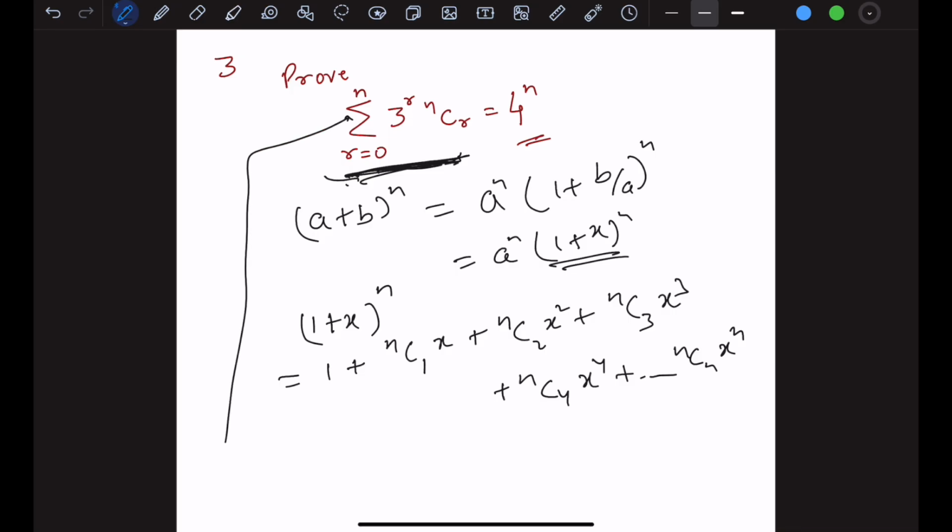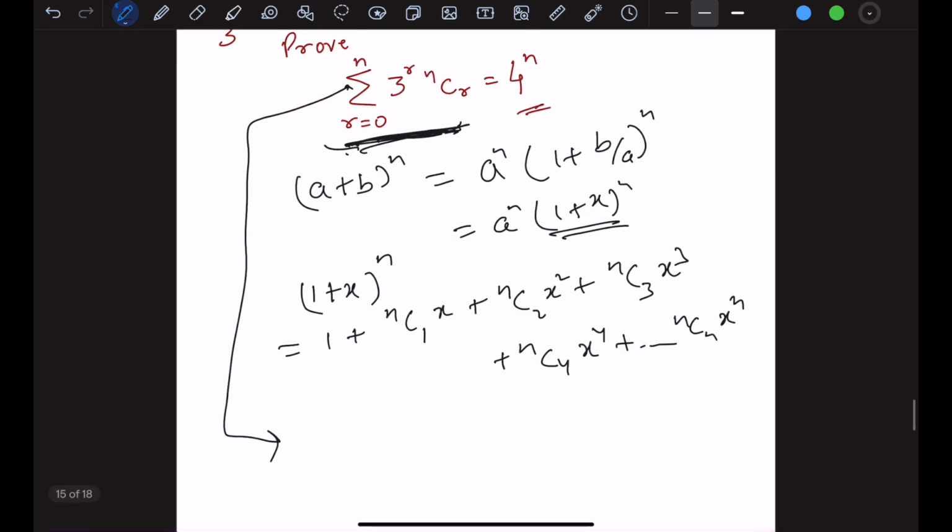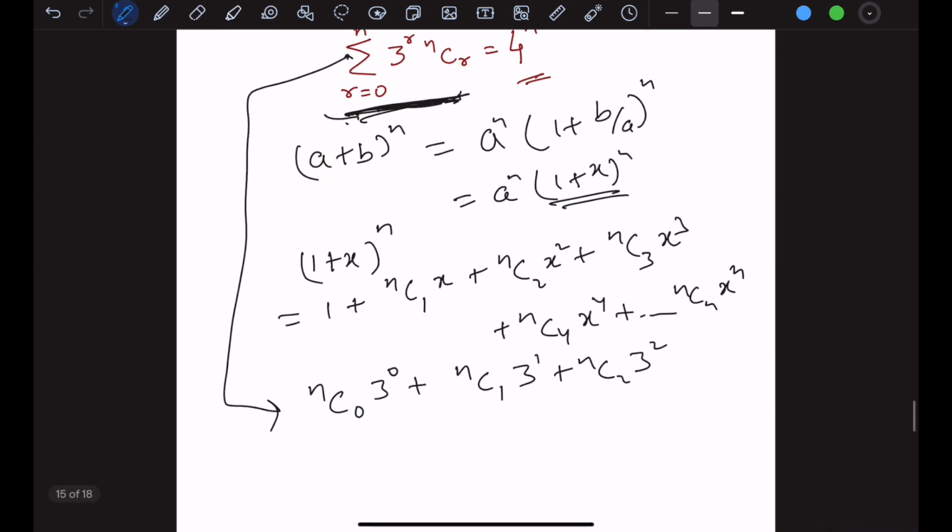Now we look at what is given. What we have is summation of nCr 3 to the power r. Like nCr, the first term will be nC0 3 to the power 0 plus nC1 3 to the power 1 plus nC2 3 to the power 2. This can be written as 1, nC0 is 1 and 3 to the power 0 is 1. So 1 into 1 is 1.